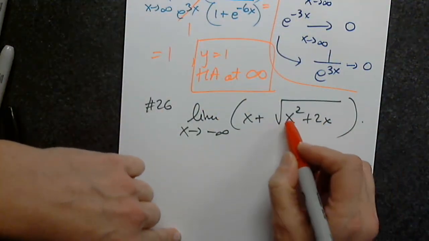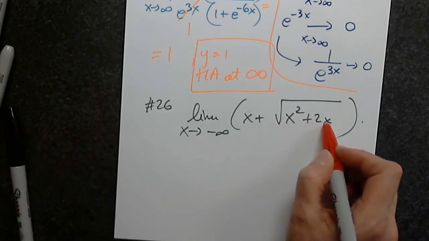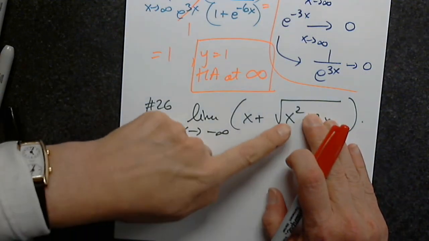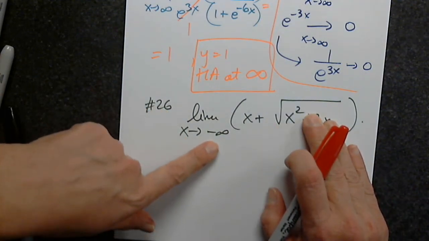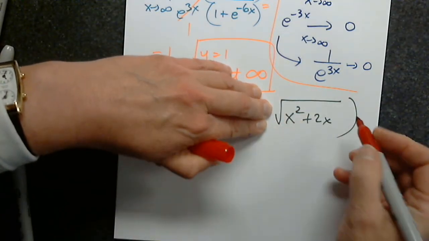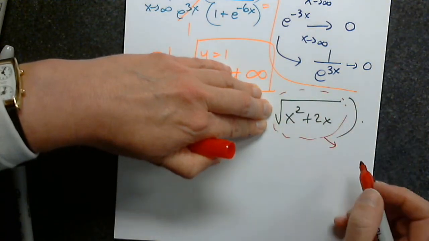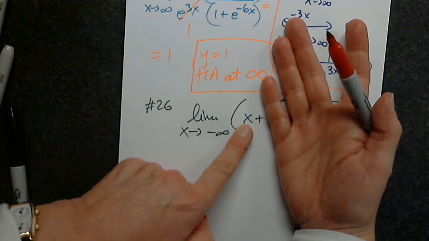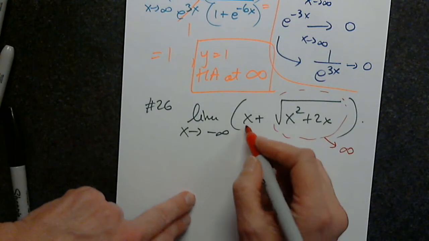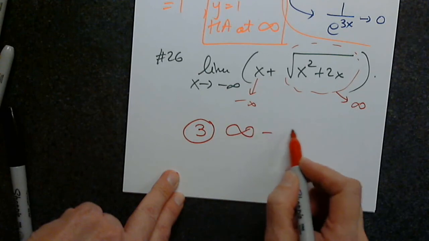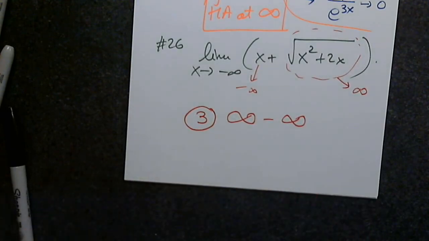So which of these two is the most powerful term whenever we talk about infinity or negative infinity? Good. So where is x squared going when x approaches negative infinity? Infinity. Where is this whole thing approaching when x approaches negative infinity? Excellent. Where is this going when x approaches negative infinity? Excellent. So this is our number 3. Infinity minus infinity.